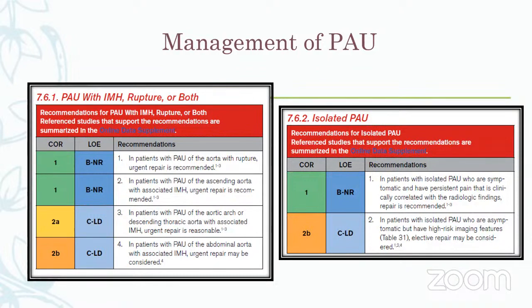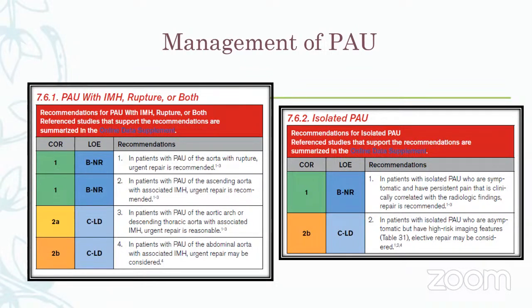If it is associated with intramural hematoma of the ascending aorta, urgent repair is a class 1 indication also. If it is associated with intramural hematoma of the descending thoracic aorta or the aortic arch, the repair is a class 2A.